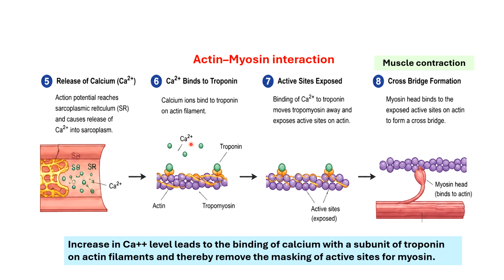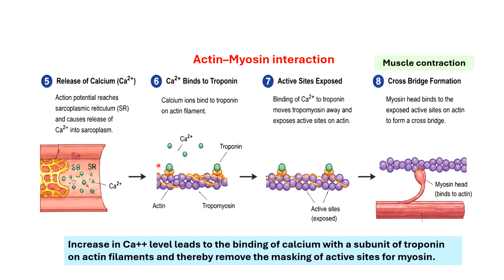Here the calcium 2 plus ions play the magic. Okay, what do they do? These calcium 2 plus ions go and bind to a subunit of actin. Okay, which subunit does the calcium 2 plus ion bind? It binds to the troponin subunit. Okay, very important. Calcium 2 plus ions bind to the troponin subunit of the actin molecule.